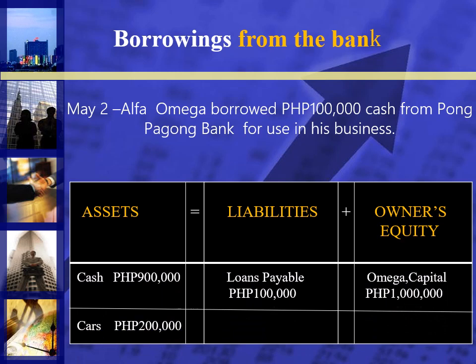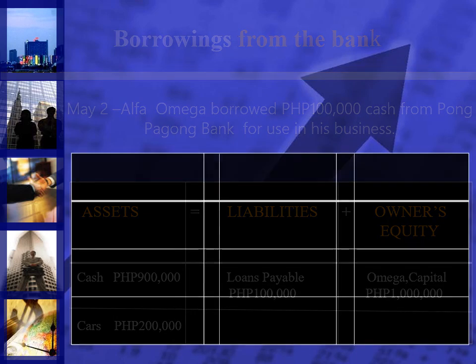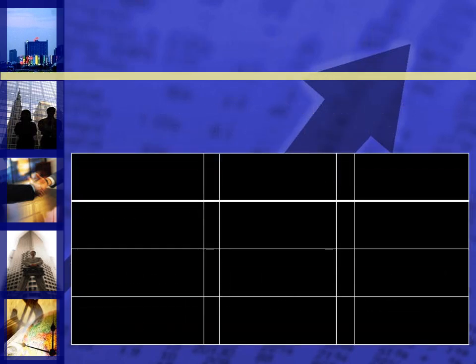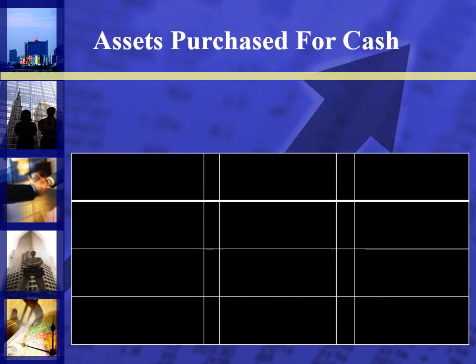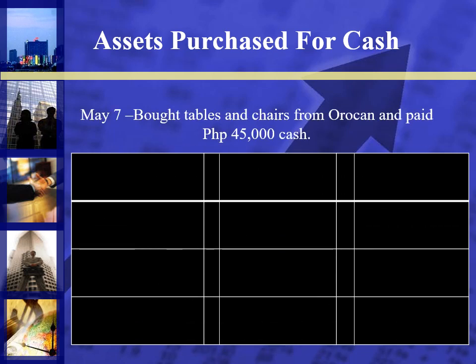So how would we represent? Cash increased from 800,000 to 900,000, and then we have the cars 200,000. We have loans. Clear?